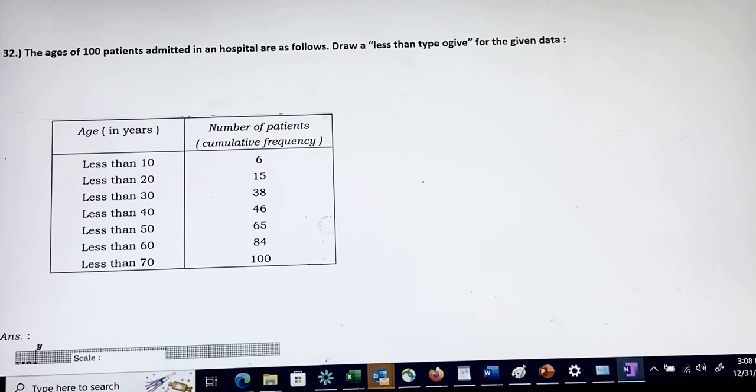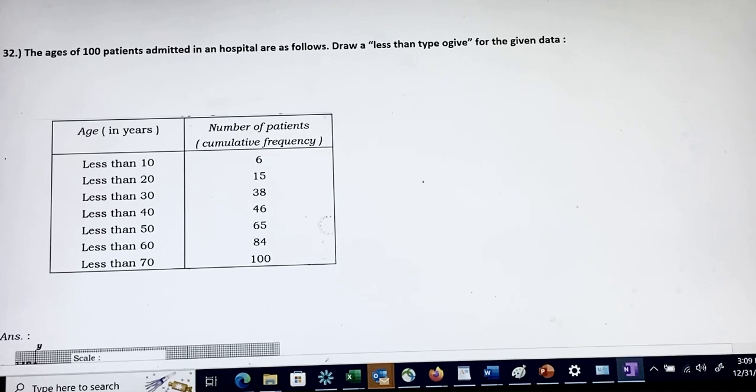That is, the ages of 100 patients admitted in a hospital are as follows. Draw a less than type ogive for the given data. Okay, so they have given the age in years and number of patients as a cumulative frequency. So how do we draw this? So we need to take age of patients in x-axis and number of patients, that is frequency, in y-axis.